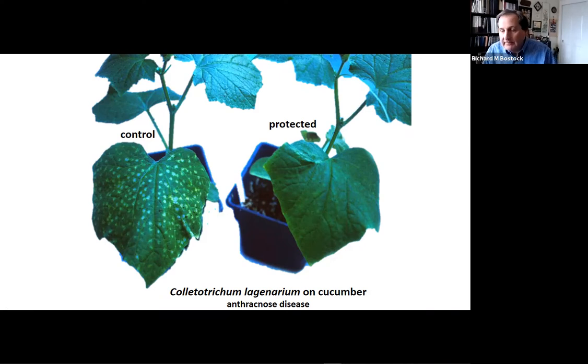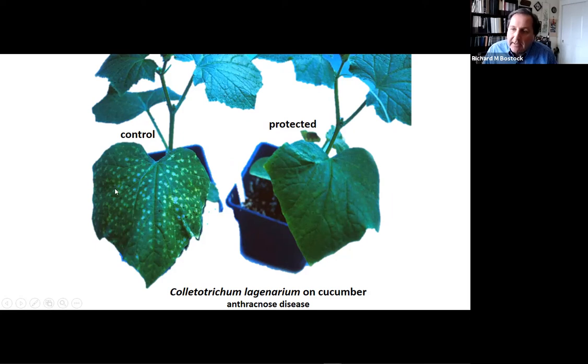And they could do this in the field, in the greenhouse, wherever. What they did here, a lower leaf, which you don't see in this picture, was treated with water. And then about 4 or 5 days later, it was challenged with the fungus.